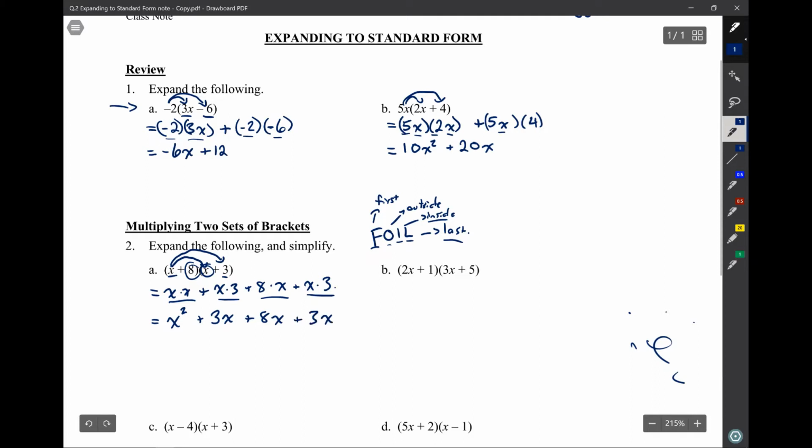And then what we need to do, we're not quite finished here because we notice some of our terms look very similar. What we're going to do is collect like terms, and we've done that before in previous classes. We'll see how well you remember it. What determines if terms are alike is the variable and the exponent involved.